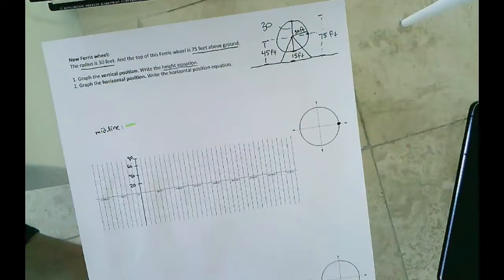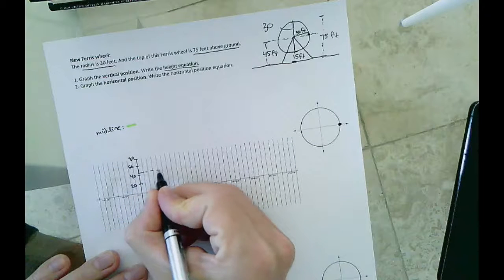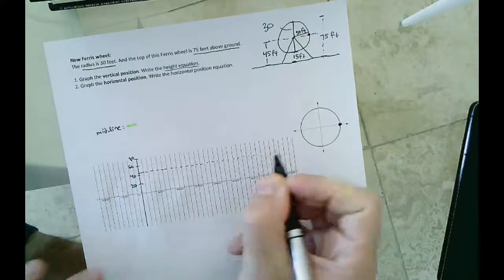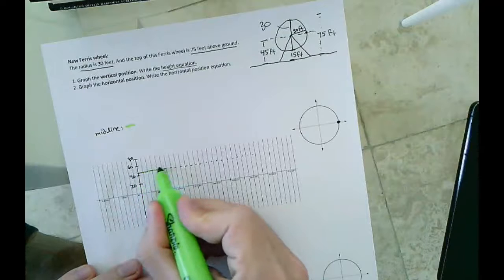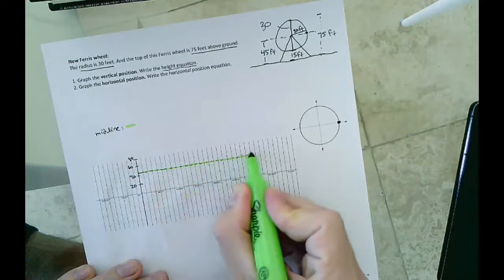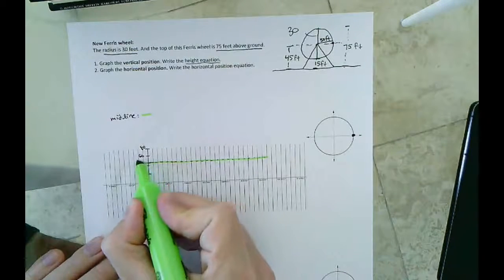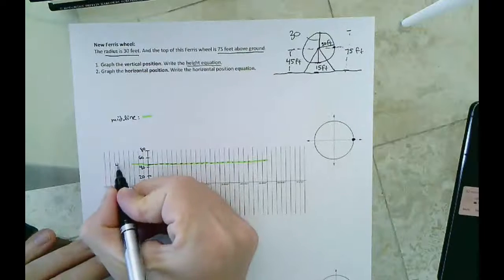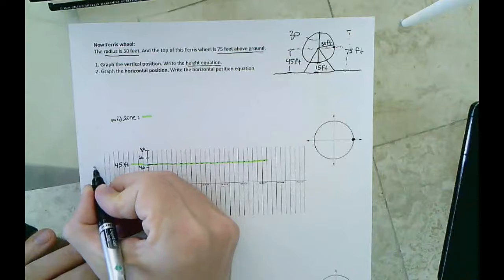So I'm going to put a little dot right here, do this in a dotted line right across the entire thing, and since it's so important, I'm going to put some green over that so it jumps out. I'm going to label this as 45 feet, and I'm going to label this as our midline.